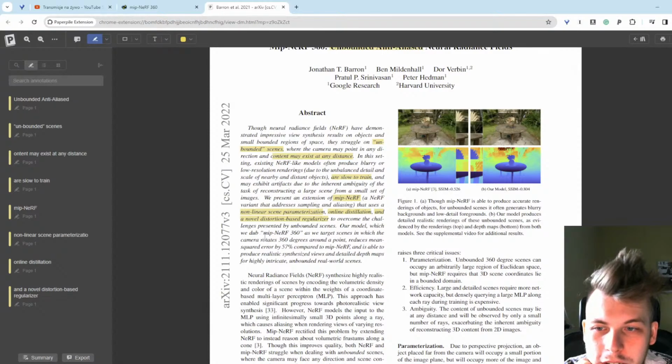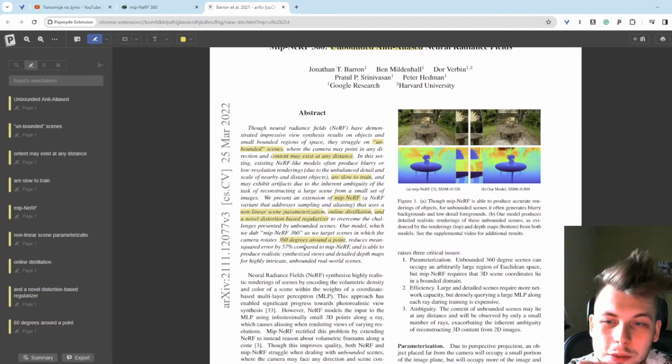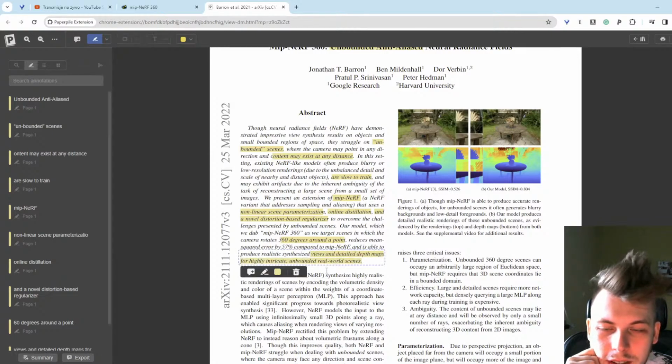Our model, which we dubbed Mip-NeRF 360, as we target scenes in which the camera rotates 360 degrees around a point. So these are the scenes that we saw in the video at the beginning. This reduces mean squared error by 57% compared to original Mip-NeRF and is able to reproduce realistic synthesized views and detailed depth maps for highly intricate unbounded real-world scenes, which sounds great on paper.